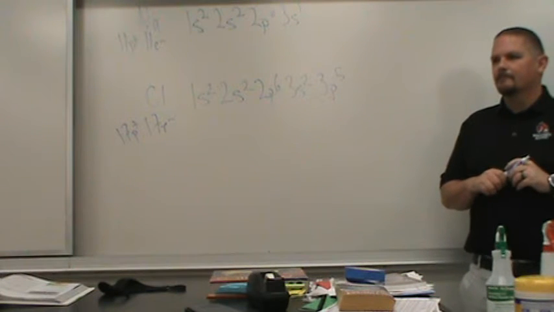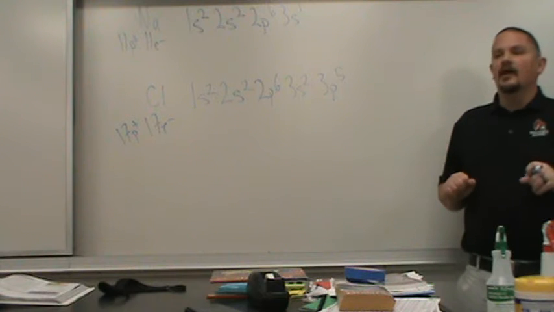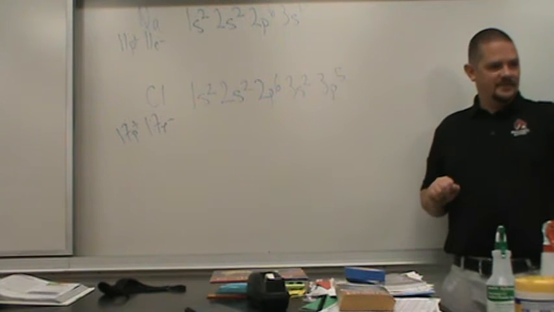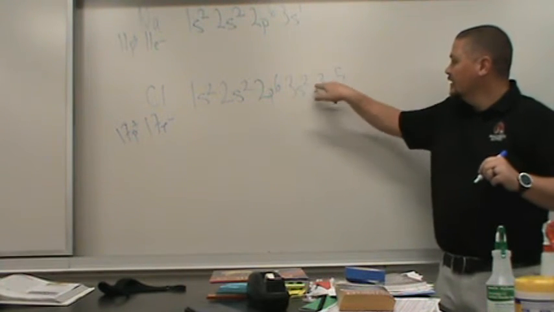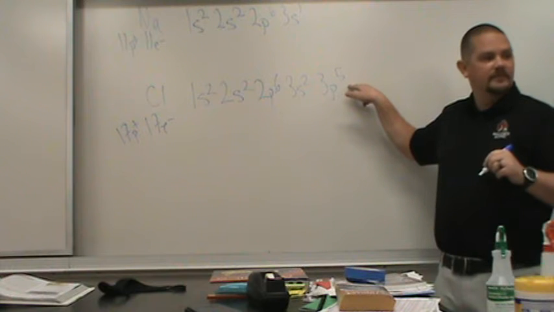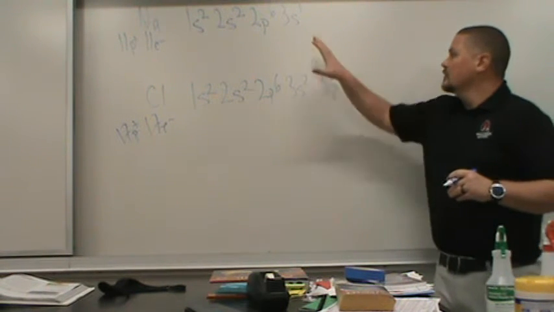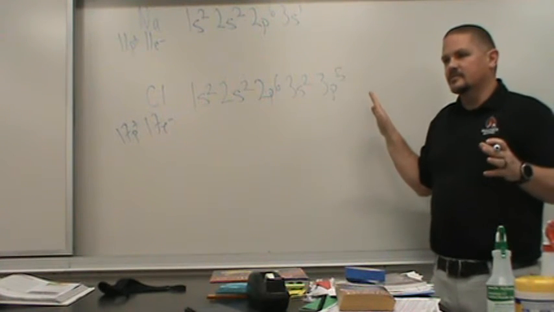What's the highest energy level for this one? 3. How many electrons do we have in the third energy level? 7. Because we have a 3s sublevel and a 3p. So we add up those numbers of electrons, 2 plus 5, grand total, 7. Okay? So this is one way that we can figure out how many valence electrons an element has.